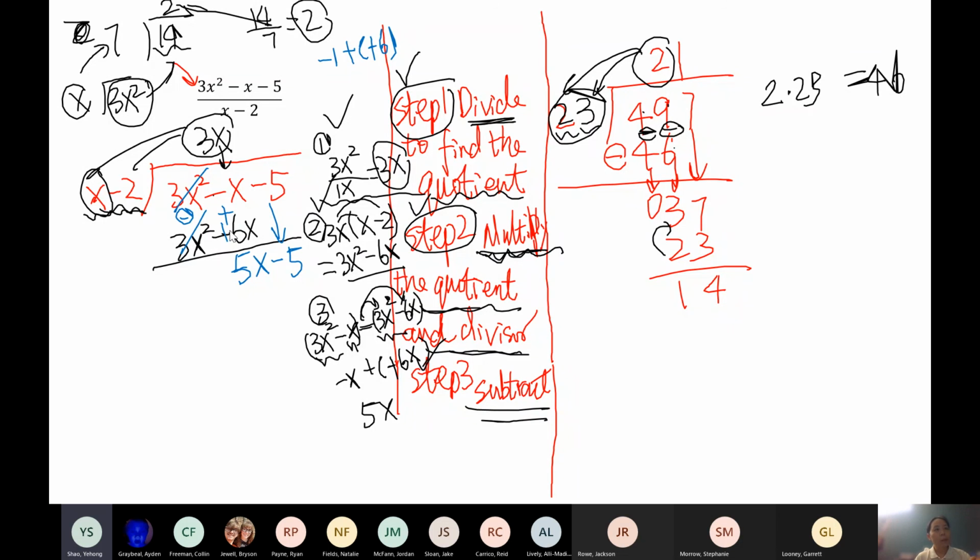Stephanie got it, and Garrett, I don't know if anybody else understood the process here. Maybe try Garrett again. Garrett, can you tell us what we need to do here? After I bring down -5, what should I do next?